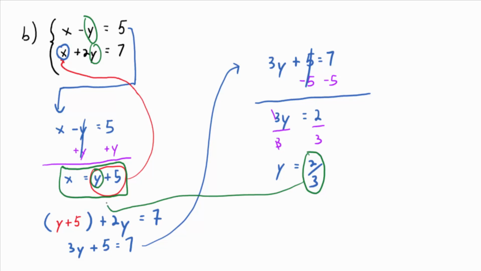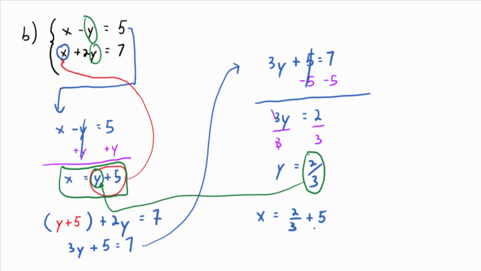Does everybody see that? You want to make your life as easy. My goal is to make math as easy for you as I can. And so plug it in the one that's already solved for x. That'll make life easy. So you get x is equal to, okay, 2/3 is where the y was, plus 5. So that's 5 and 2/3, right?